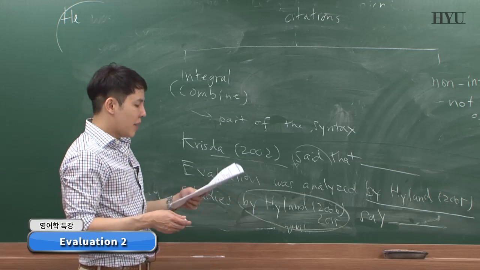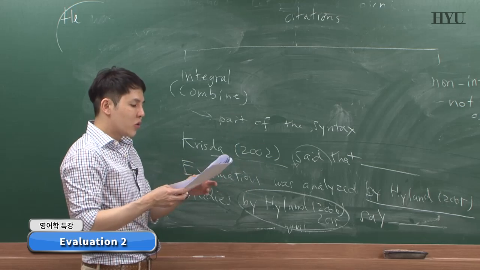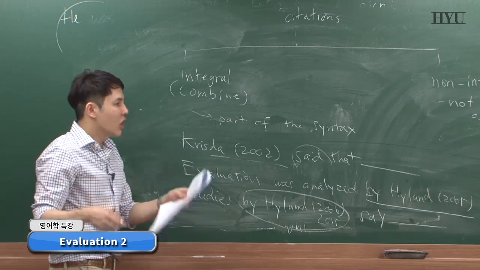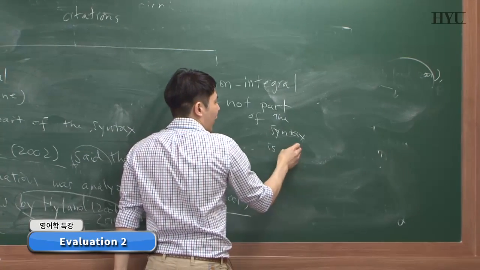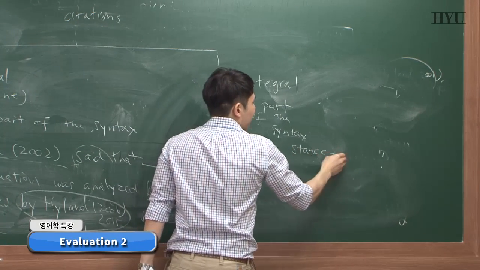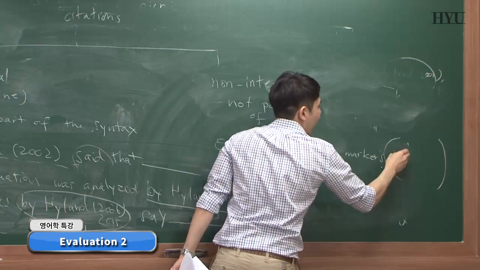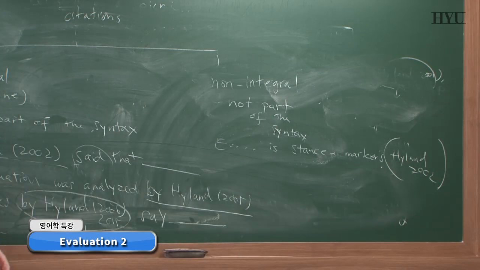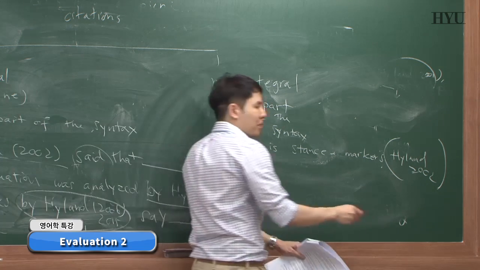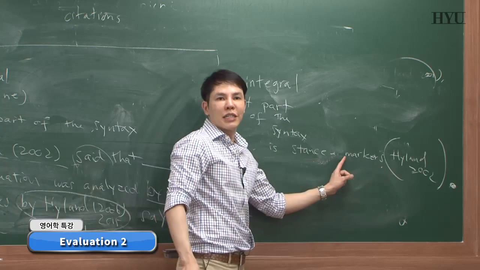For the non-integral type, these citations do not form part of the sentence. So you have something like, evaluation consists of stance and engagement markers, and then Highland 2002. Now you might be thinking, why is it not part of the sentence? Because the period goes here and then it is in the sentence, isn't it?